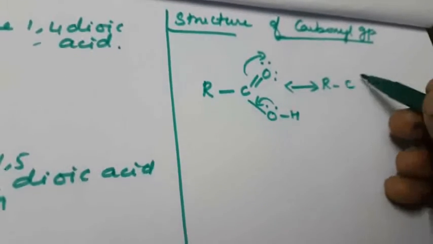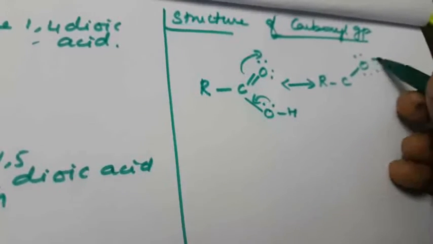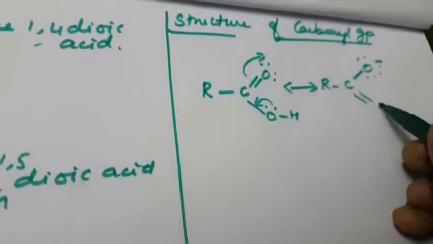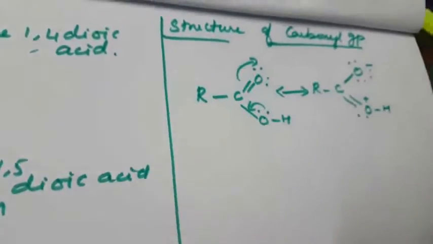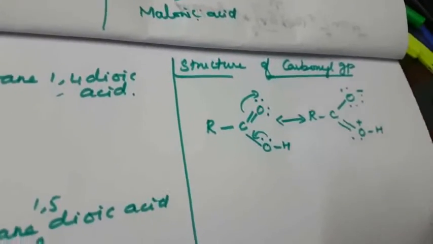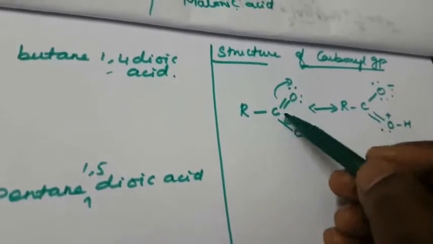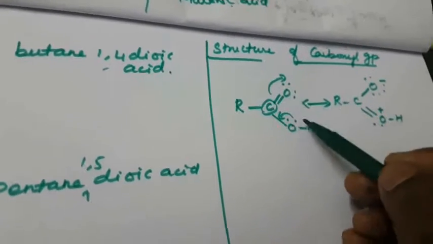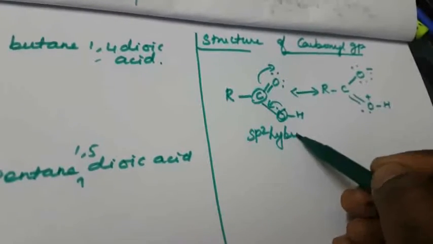Now this will become negative charge, and this will become positive charge. This exhibits the resonance structure. So the carboxyl carbon and both oxygen atoms are sp2 hybridized.